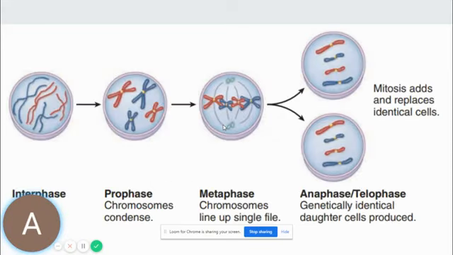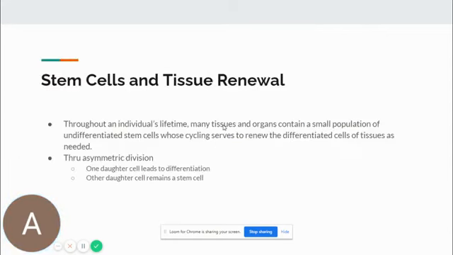Remember, mitosis produces two daughter cells. In asymmetric division, one daughter cell leads to differentiation, so it becomes a specialized cell. For example, in the liver, the hepatic stem cells can have one daughter cell become a hepatocyte, while the other remains a stem cell.